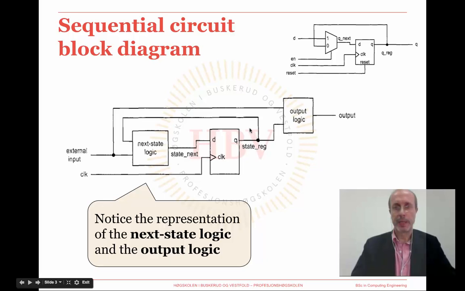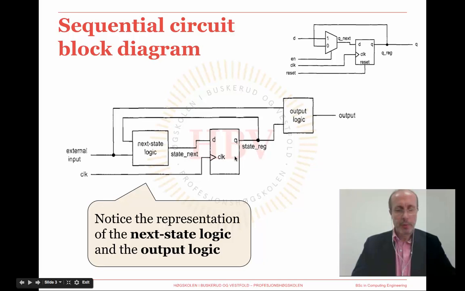The outputs of the memory elements, which are represented here by the underscore register signals, and their inputs, which are represented by the underscore next signals. Whenever there is a rising edge in the system clock, the underscore register signals are updated with the value of the underscore next inputs.